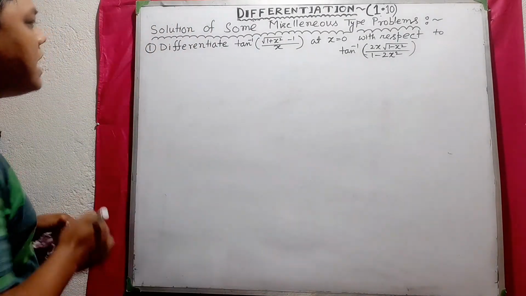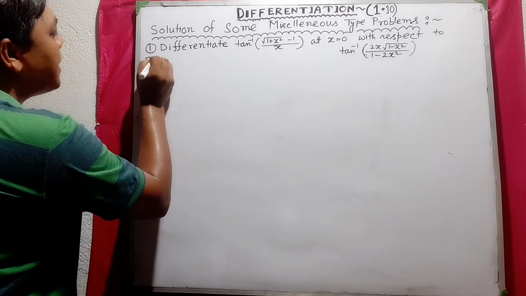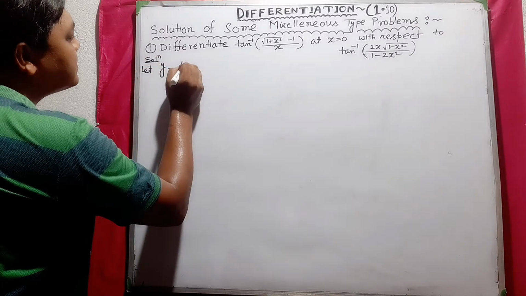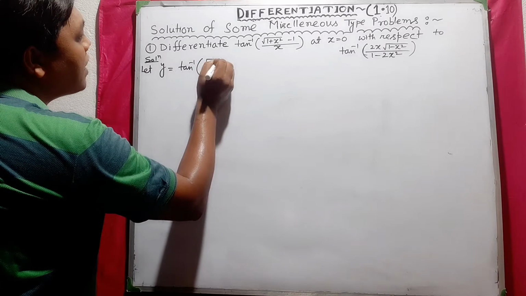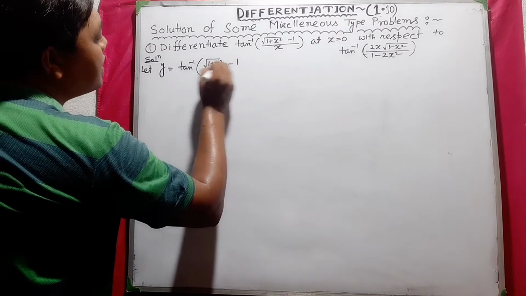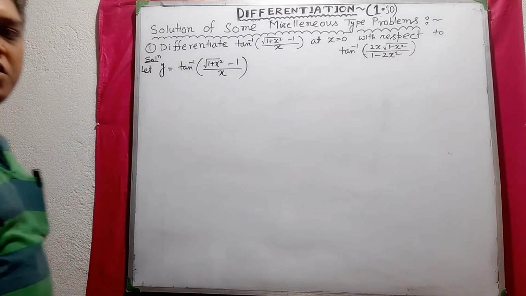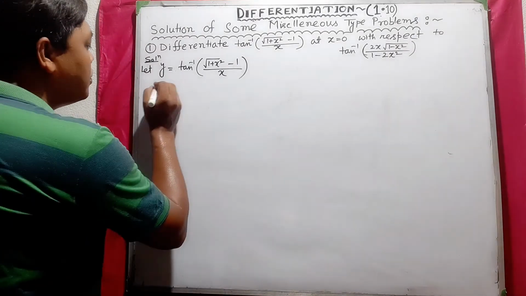So let y equals to tan inverse of (square root of 1 plus x square minus 1) by x. Now we put x equals to tan theta for this expression.